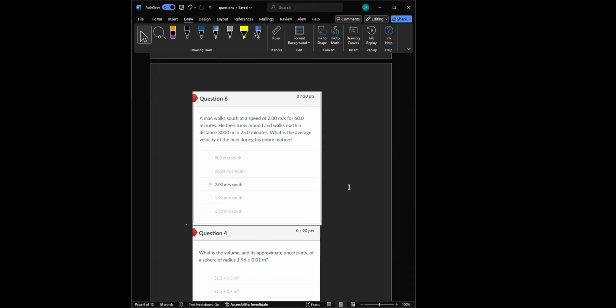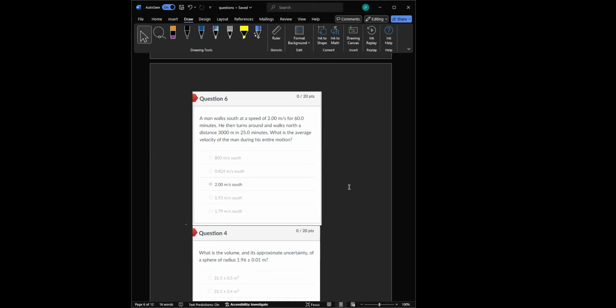If you multiply 3,600 times 2, you get 7,200. He then turns around and walks north a distance of 3,000. So now he's 4,200 instead of 7,200 meters away, and it took him 25 minutes.